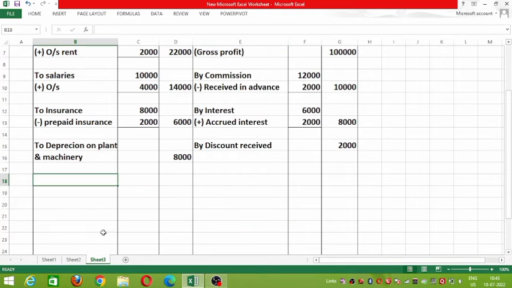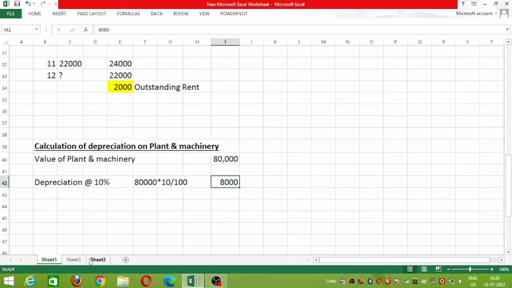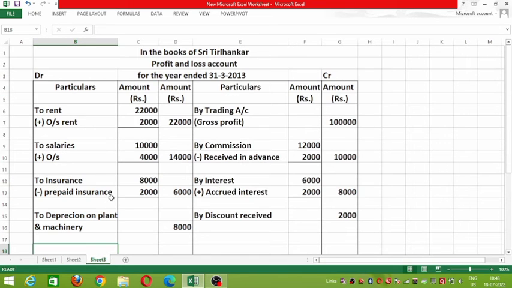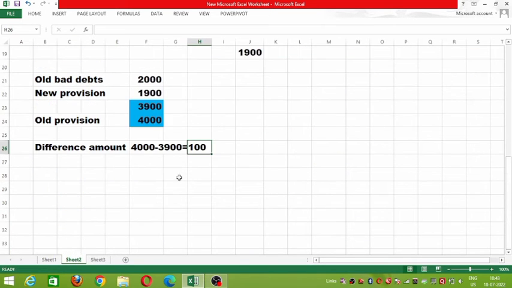8,000. Next, only one piece of information I have left that we will solve now. That is related to bad debts. This calculation also we have already done. So we have got the answer. Here we can see the total of old bad debts and new provision is 3,900, which is lesser than the old provision. When the old provision is higher than the total of these two, we should credit the difference amount to the P&L account.